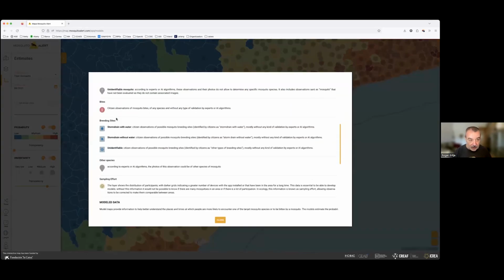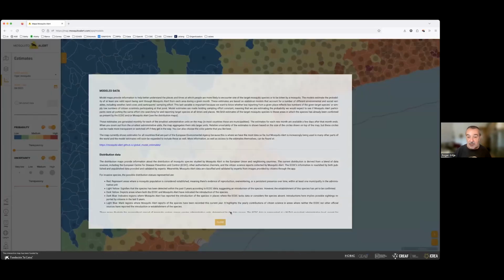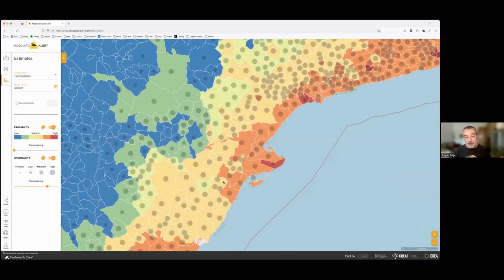And you have also here a complete explanation about what the model is and how these models are built, because they combine citizen data, of course, but they are also based on trapping, on land cover, sociological parameters, and weather and climatic data, of course.